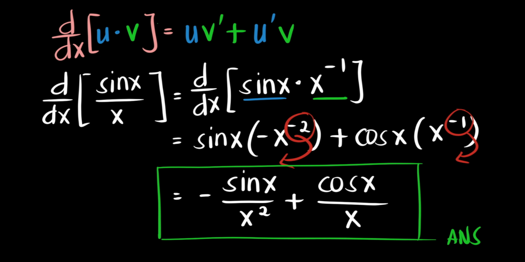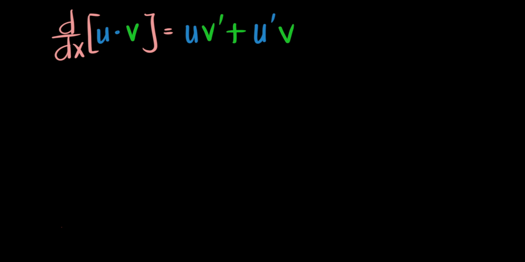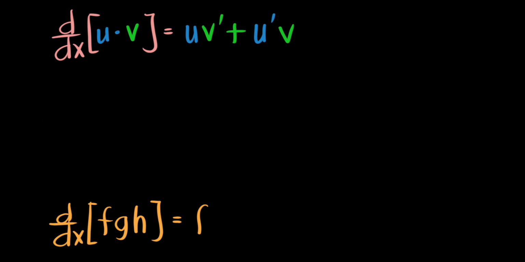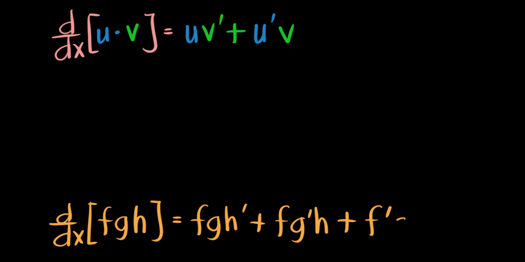Now, what if the function involves not just multiplying two functions but three functions? The formula for the derivative will be: the derivative with respect to x of f times g times h is equal to f times g times h prime, plus f times g prime times h, plus f prime times g times h.